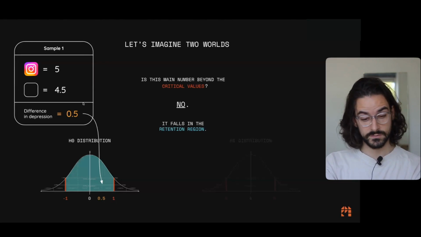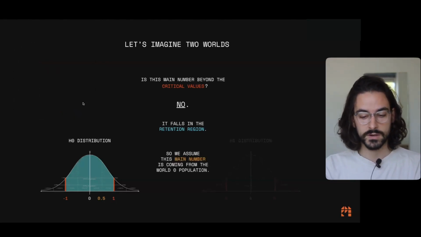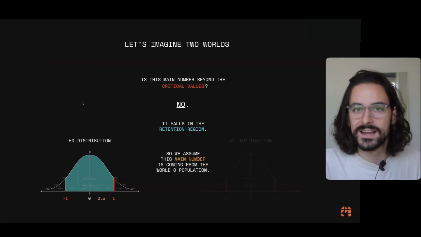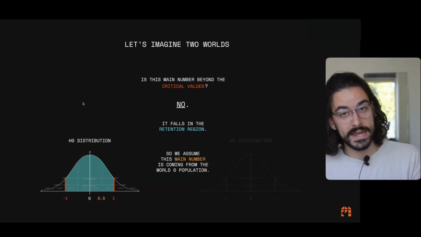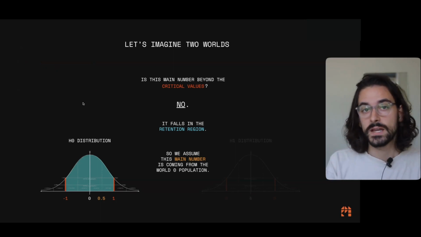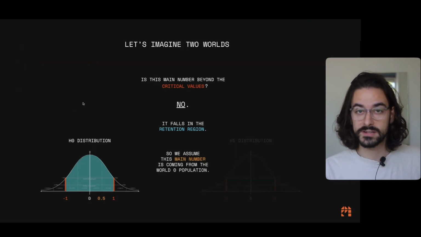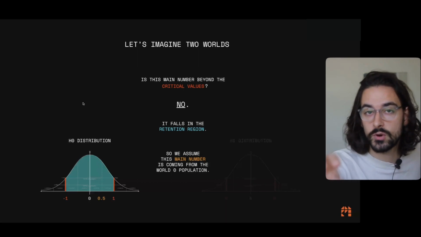It falls in this region called the retention region. So we assume that the main number is coming from the world 0 population. Does that make sense? We're assuming that this sample of 0.5 is not giving us evidence that Instagram is awful and is going to kill us all. But we're saying that this 0.5 is probably a sample that we drew from that world 0 population, but we were just a little unlucky to find some people who were very prone to depression.